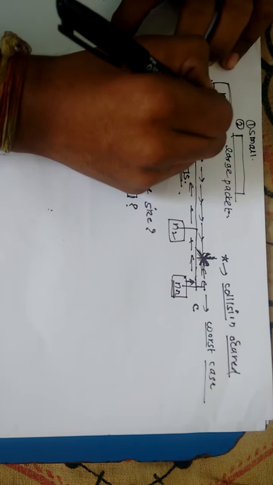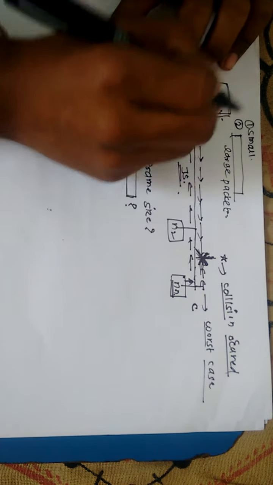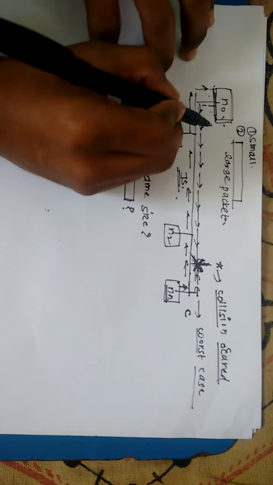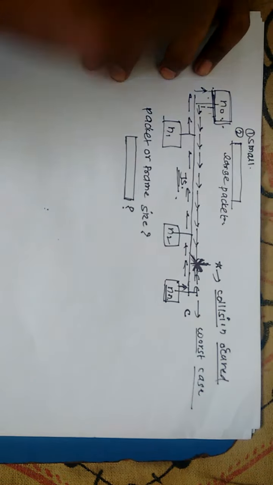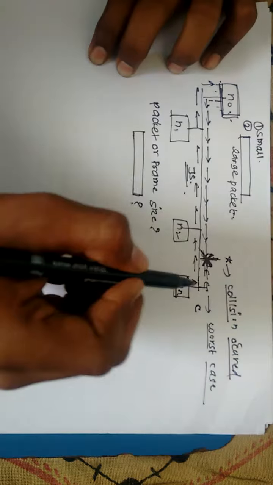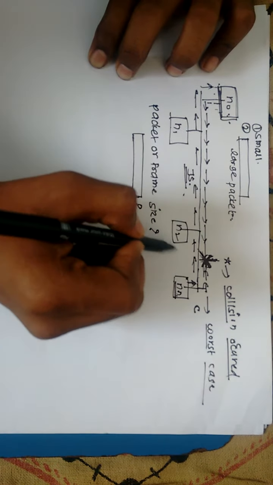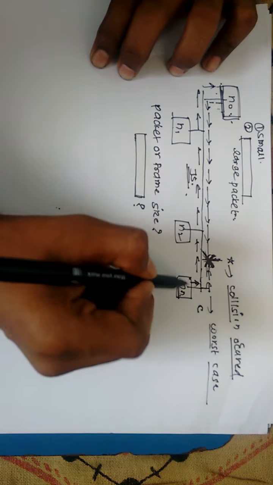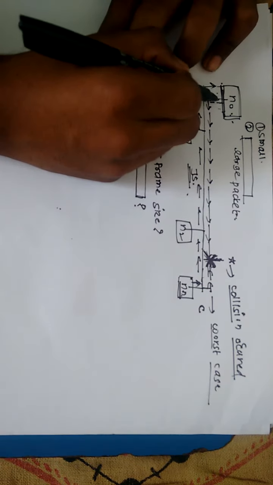So it gets the information about the collision. In this case, N0 keeps transferring the data for at least the time for which the jamming signal produced by the last end takes to come back to this node.